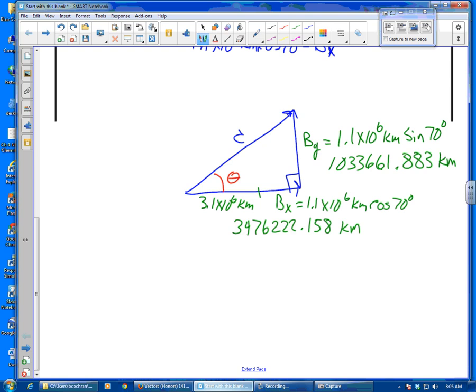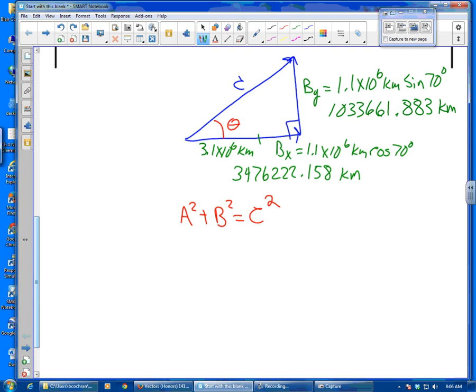I'm going to do the length of C first. And I look at it and say, okay, that's the hypotenuse. Pythagoras tells me that a squared plus b squared equals c squared for any right triangle. And actually the law of cosines tells me that for any triangle, with a slight modification.